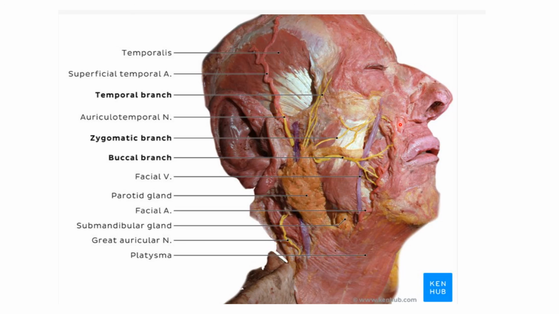There will be retrograde movement. And as there are a number of connections between this deep facial vein and the pterygoid venous plexus and the emissary veins, the infection could reach up to the cavernous sinus.